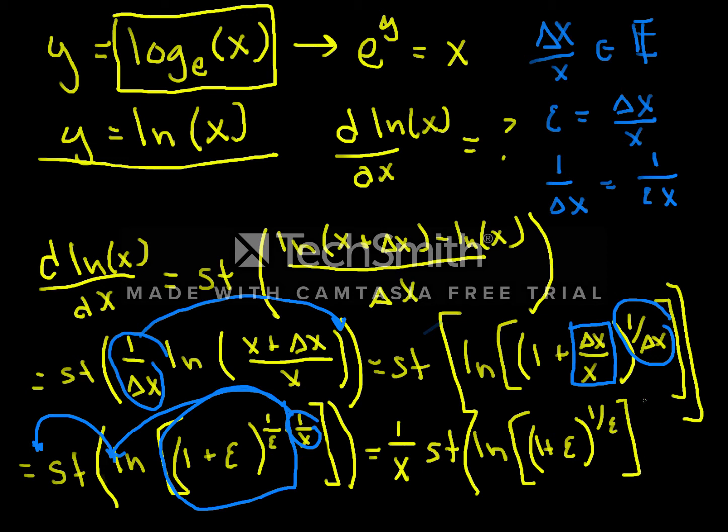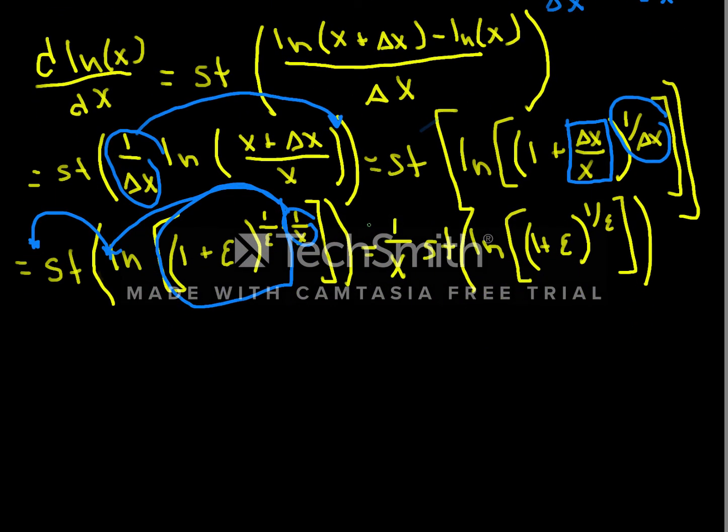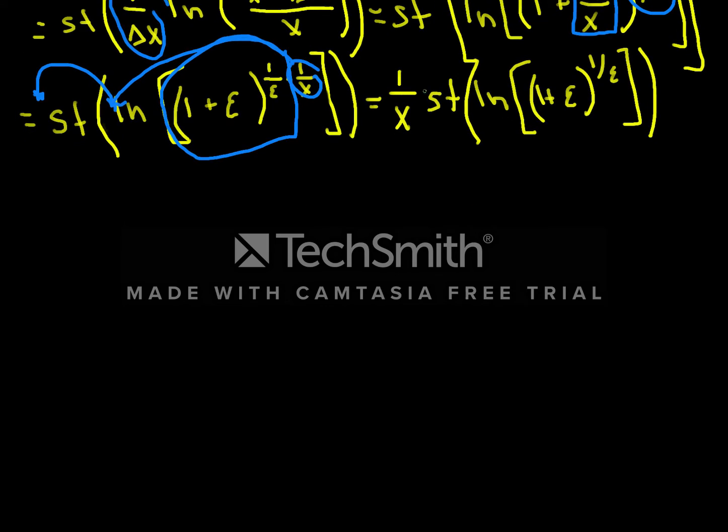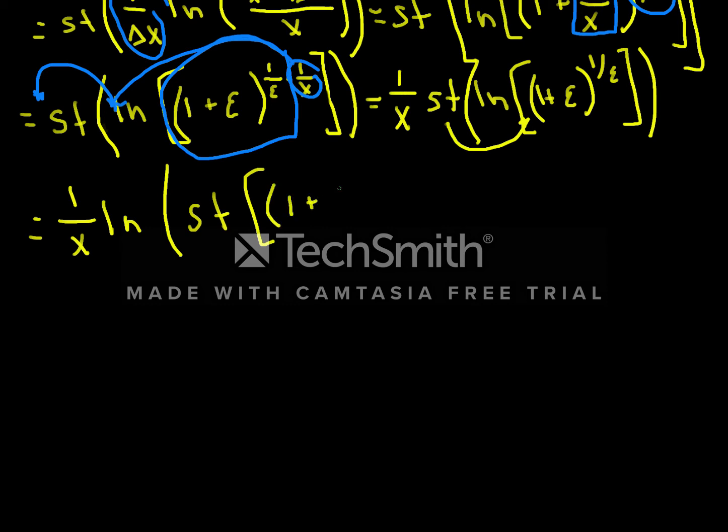So the x came out, and I'm taking the standard part of the natural log of 1 plus epsilon raised to the 1 over epsilon. And the standard part can move through the natural log function. So this is equal to 1 over x times the natural log of the standard part of 1 plus epsilon raised to the 1 over epsilon.